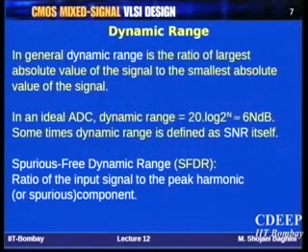So what is dynamic range? Dynamic range, even in a system, it may not be a data converter, it can be anything. Dynamic range of a system is the ratio of the largest absolute value of the signal which can exist in the system and is acceptable for the user, to the smallest absolute value of the signal, again, which can exist in the system and is acceptable by the user.